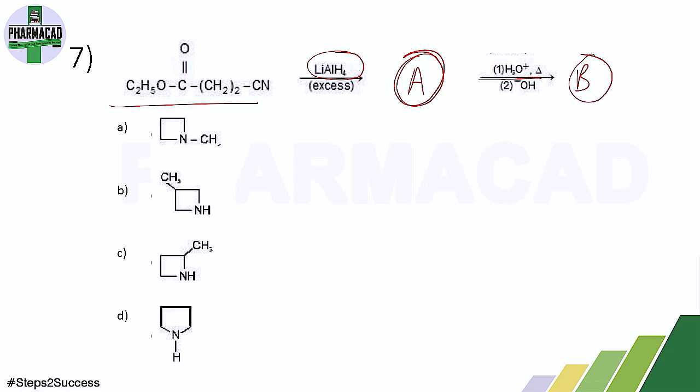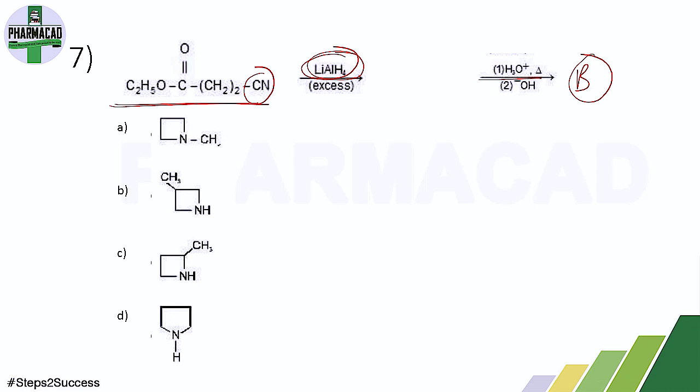Let's see. When we treat this with excess LiAlH4, what will happen? This CN gets reduced into CH2NH2.